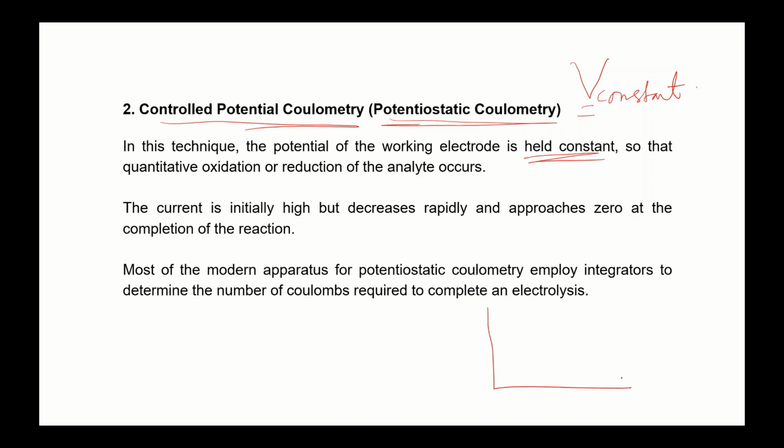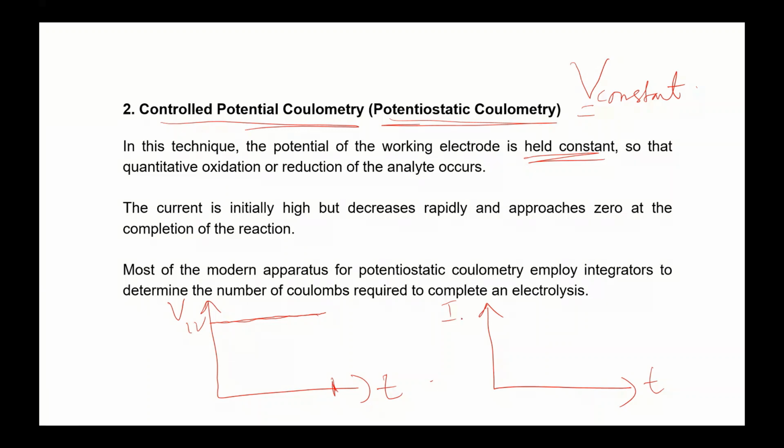If you want to plot I versus time, and also V versus time, V is constant. For example, oxidation at 1 volt. You just apply a constant voltage for that electrolysis, then you can stop at the time required.